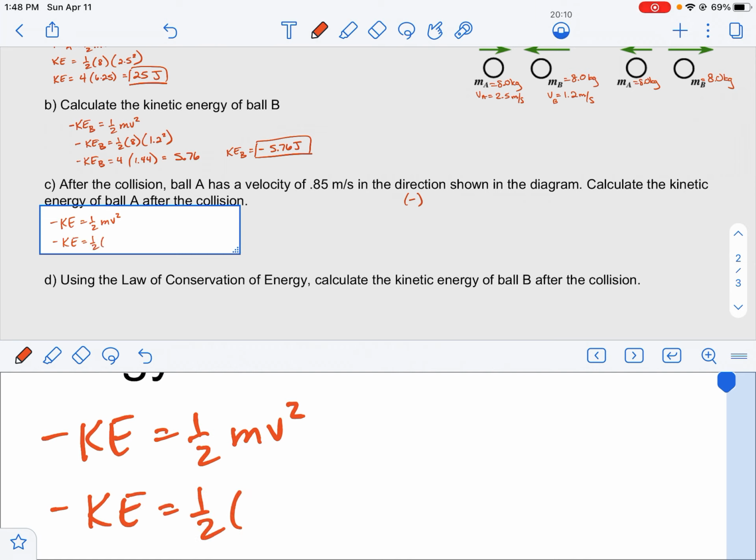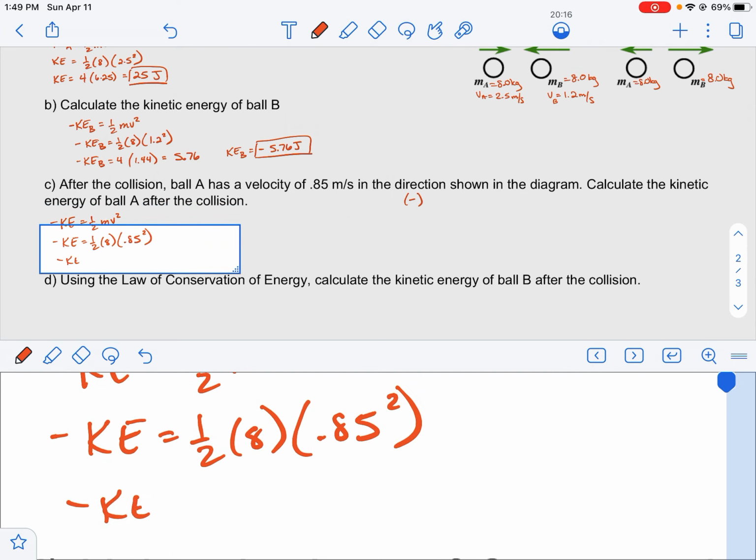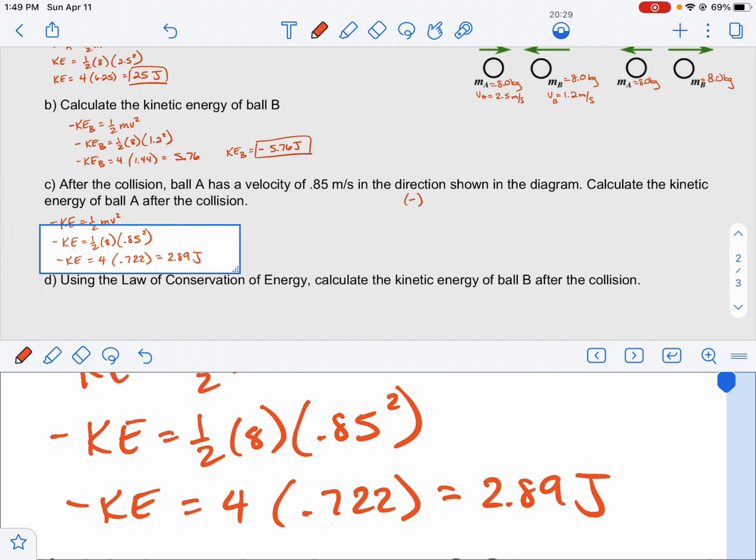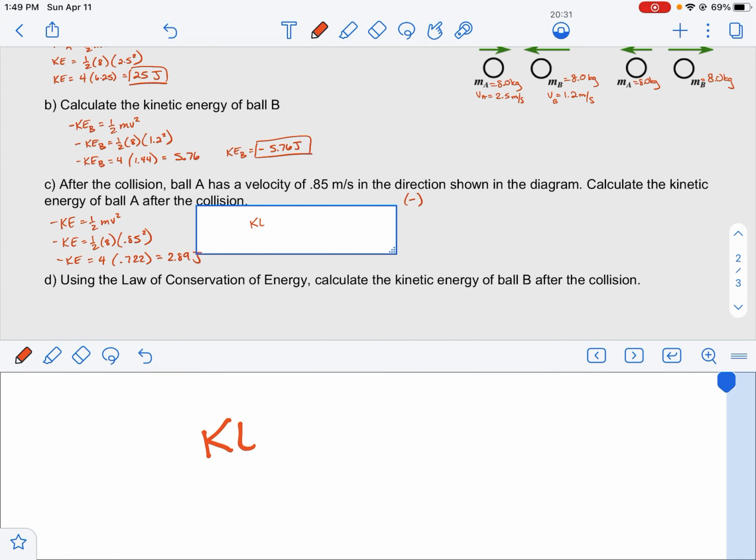So I've got 1/2 times 8 times 0.85 squared. And that's going to give me 4 times 0.722, which is 2.89 joules. And so I know that the kinetic energy of ball A after the collision is negative 2.89 joules.